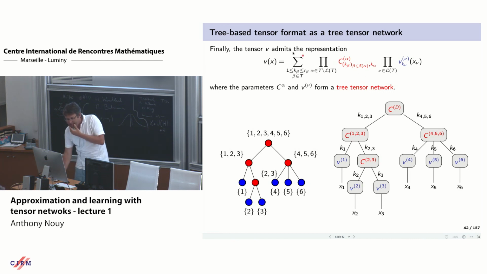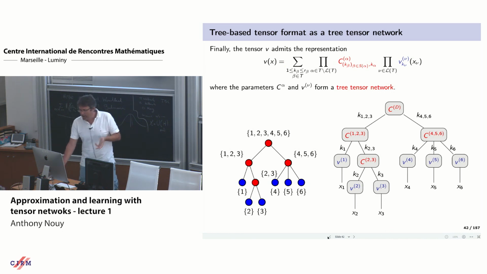For a representation that I can write like this, it's not a very convenient notation, but okay, V can be represented as a multiple sum. All these sums correspond to the different contractions you see here over the edges, of products of entries of the core tensors and entries of the different tensors you see here on the leaves. Okay? So maybe it's better to see it like this, the graphical representation, but this is the explicit representation.